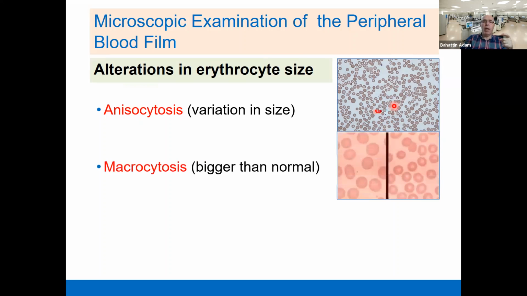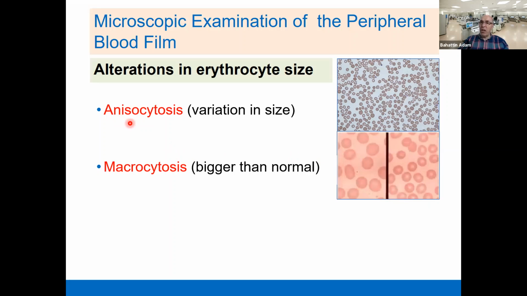Macrocytosis: if the erythrocyte is bigger than normal, as you see here, this is a normal erythrocyte, and these are bigger than normal, we call macrocytosis.